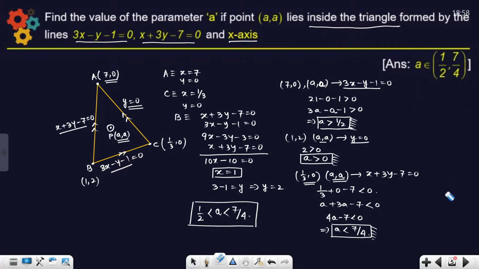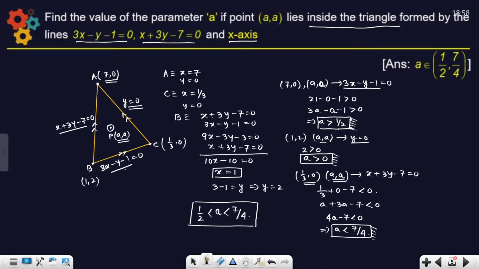So have you understood what I have done? When they are saying that a point is inside the triangle, you have to take 3 cases and you have to combine their solution to get your final answer such that the point will be inside the triangle. For that, what I have done? First, I have said that the point A and P are lying on the same side of BC.